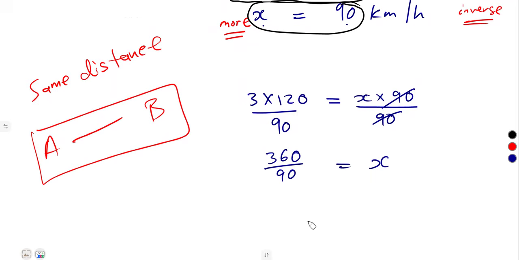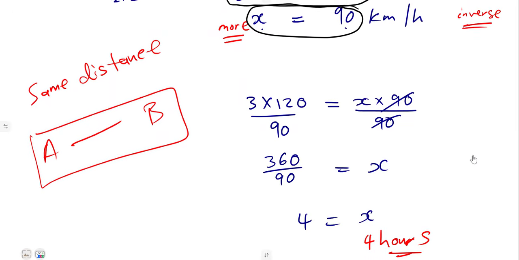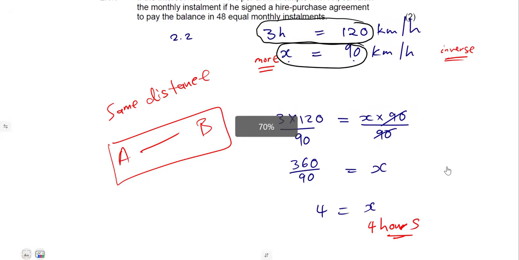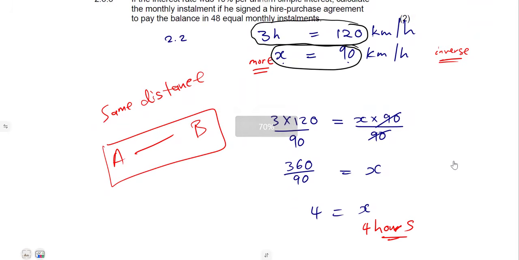That is going to give us 4. So x is equal to 4, meaning we are going to take 4 hours to cover that distance when we are traveling at 90 kilometers per hour. That's a lot of time compared to the one who was traveling at 120 kilometers per hour.